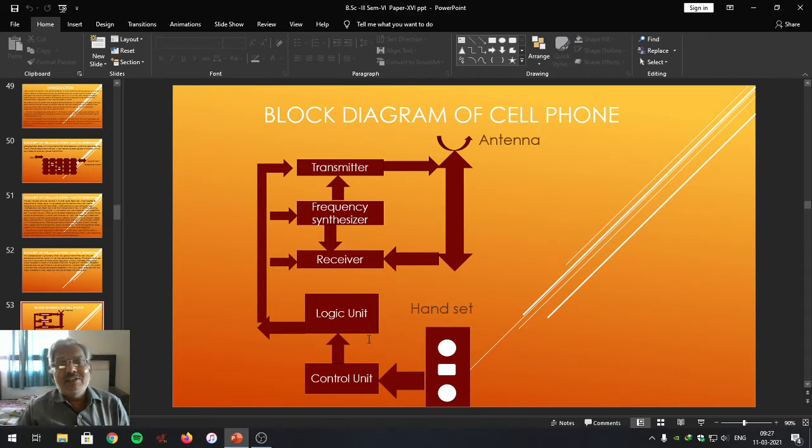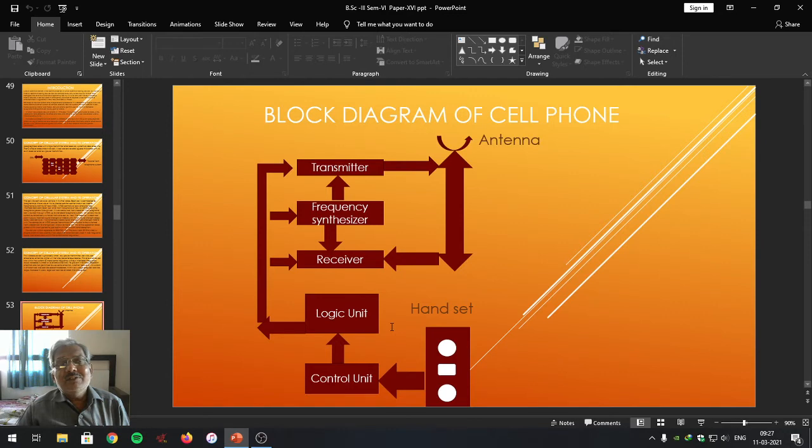In addition to that, it makes use of the control unit. The control unit is used to control all the aspects and procedures which are going to be performed within that particular cell phone.